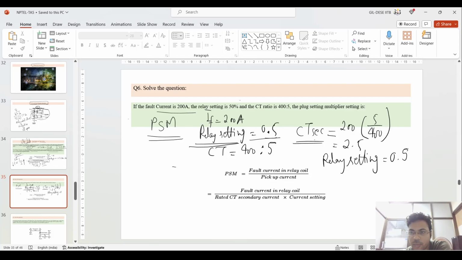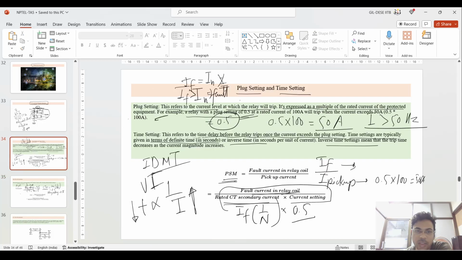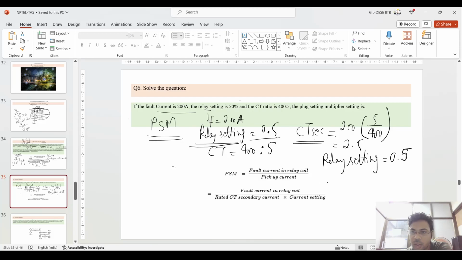Okay. So what is the relay setting? Relay setting is given as 0.5. And what will be the current above which it should operate? What I have already told, the plug setting multiplied by the rated current will give the nominal current above which it should operate.